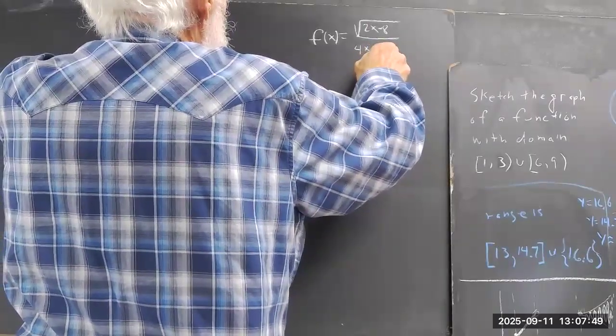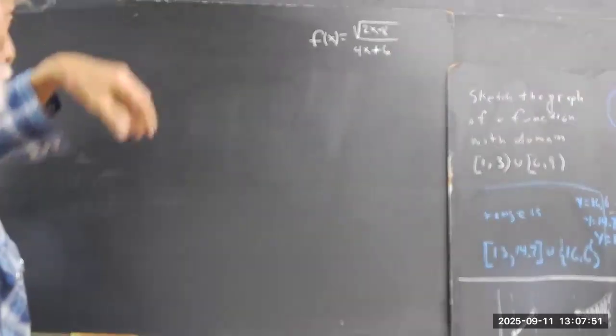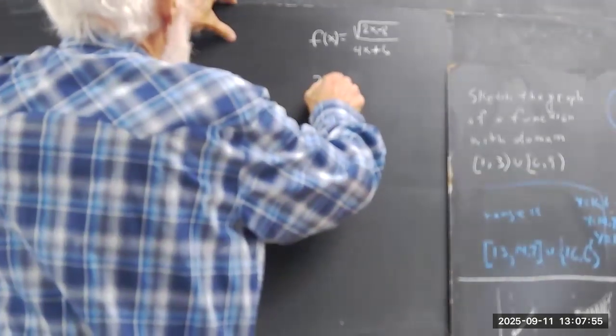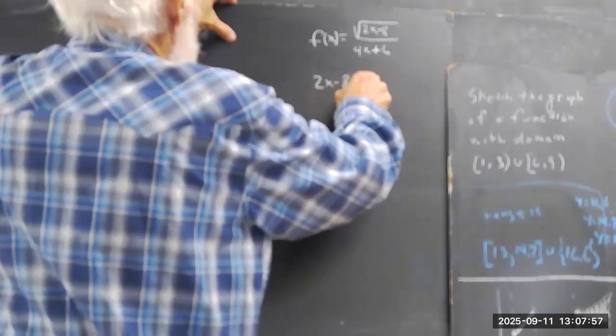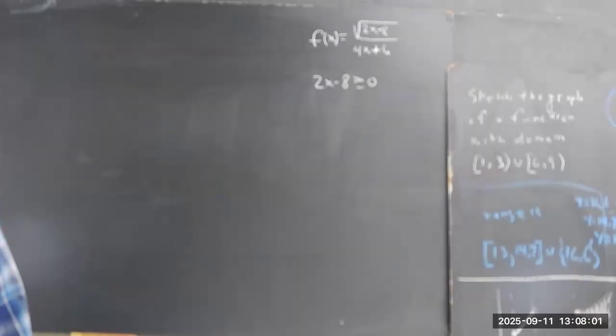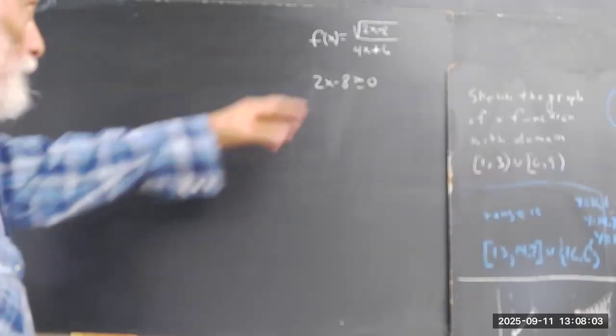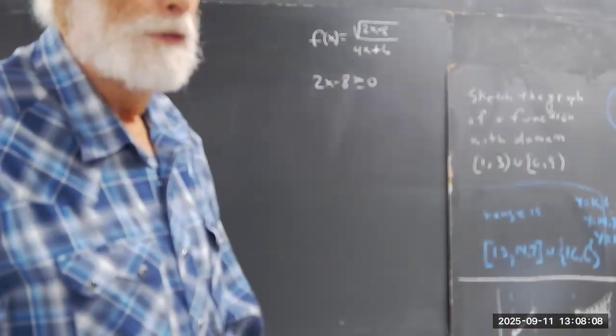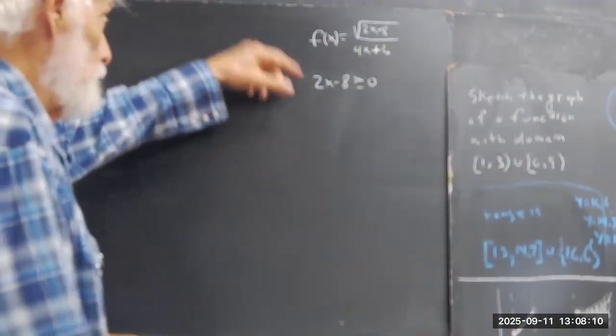Well, a majority of people wrote down, okay, 2x minus 8 has to be greater than or equal to 0. Boom. Right? And maybe you solved it, and maybe you wrote out 4x plus 6 can't be 0 before you solved anything. But I'm going to go ahead and solve this.